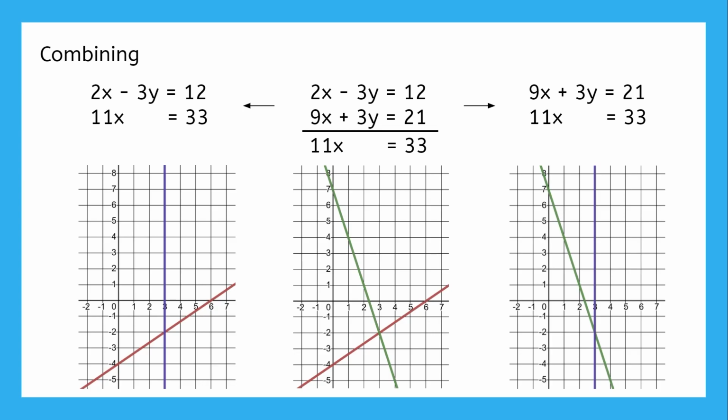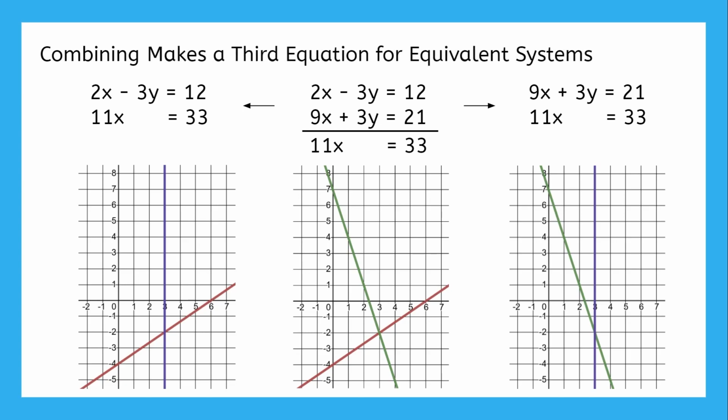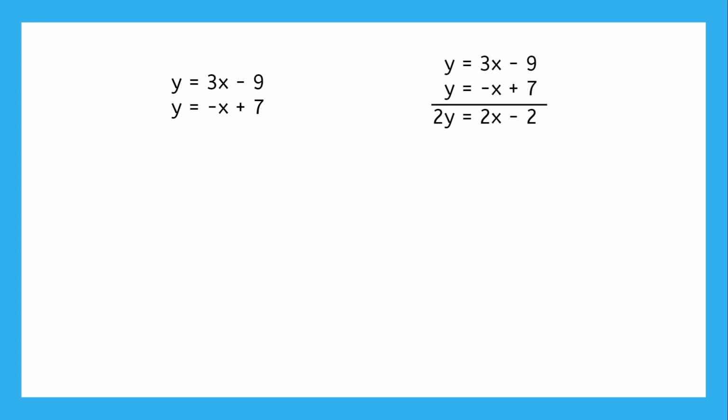So combining equations in a system doesn't just create a new equation, it creates a new equation that can be used in equivalent systems. Combining for a new equation works even without eliminating. Take the system, for instance. If we combine these together, we get this equation.